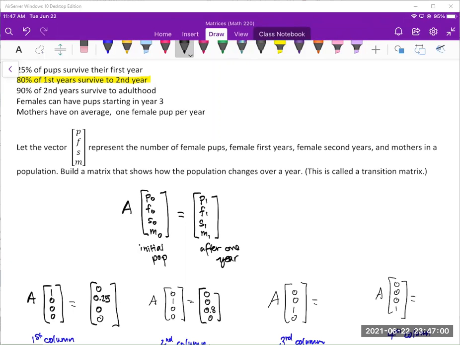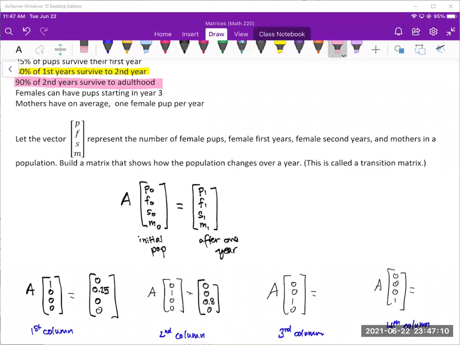In our third column, we're looking at what happens to second years. 90% of the second years are going to survive to become mothers. So we are looking at 1 year later. Our second years are now mothers. They're no longer second years. And there were no other populations around, and so all the other entries are zeros.